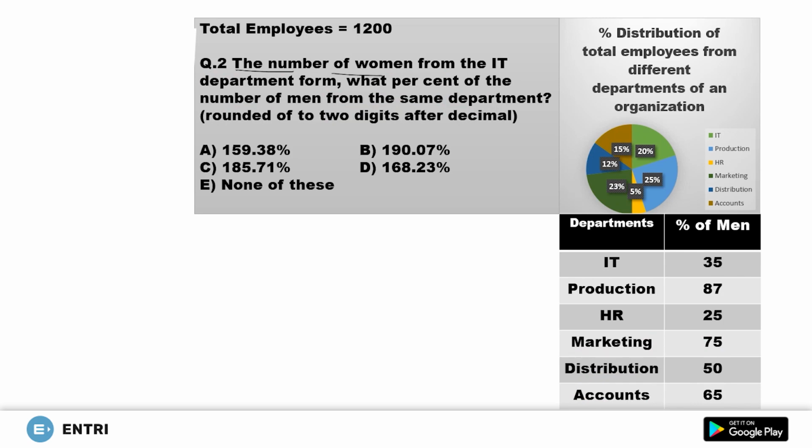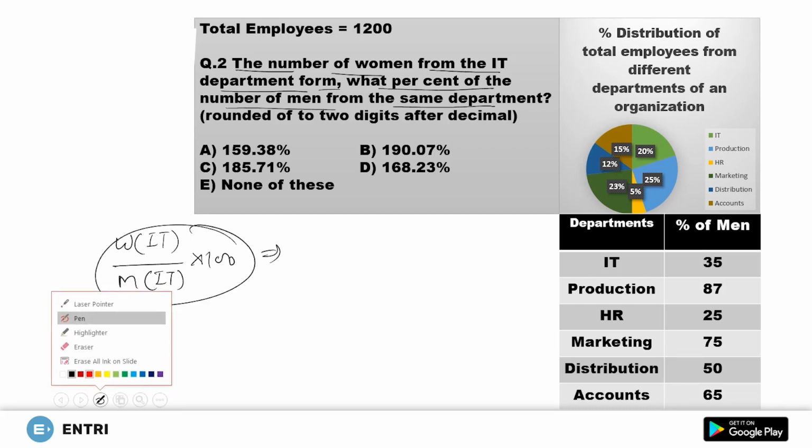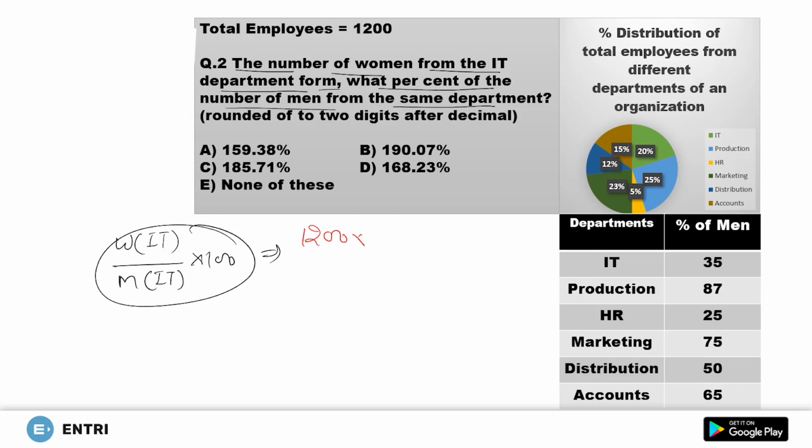The number of women from the IT department forms what percent of the number of men from the same department? So according to the question, you have to find women in IT divided by men in IT, into 100. This is your actual question. So tell me, what is the number of women in IT? So you will say we have a total of 1200.